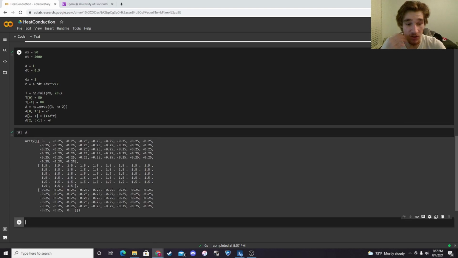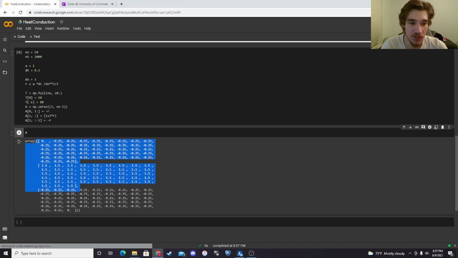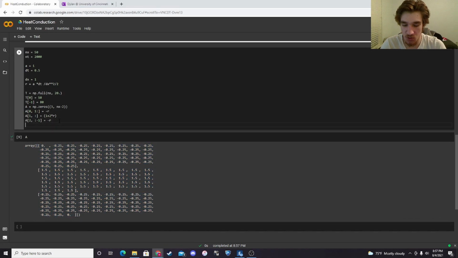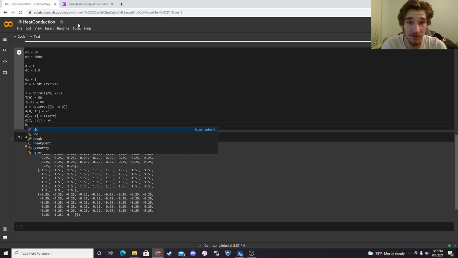And then let's go ahead and take a look at a. This is our current 2D array value for a. What we're going to do next is create our array for b. Once we create our array for b, we will be able to do our solve banded, which is a linear algebra addition to SciPy, a library of Python that you can import.